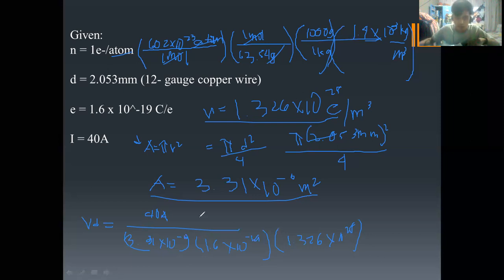Ang magiging electron drift velocity natin, VD, is equal to 5.696 times 10 raised to negative 3 meter per second. Ayan. Yan yung sagot.